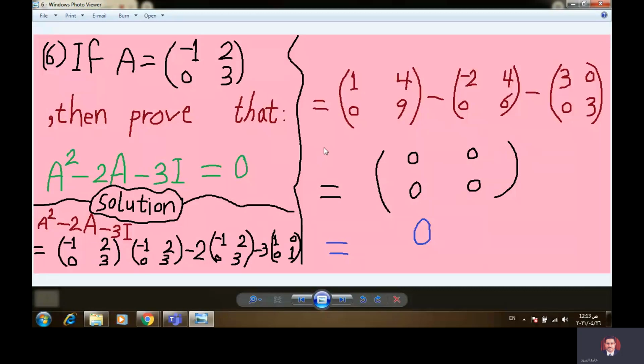All of this equal the matrix of elements 1, 4, 0, and 9 minus this matrix of elements negative 2, 4, 0, and 6 minus this matrix of elements 3, 0, 0, and 3 equal this matrix of elements 0, 0, 0, and 0, zero matrix.